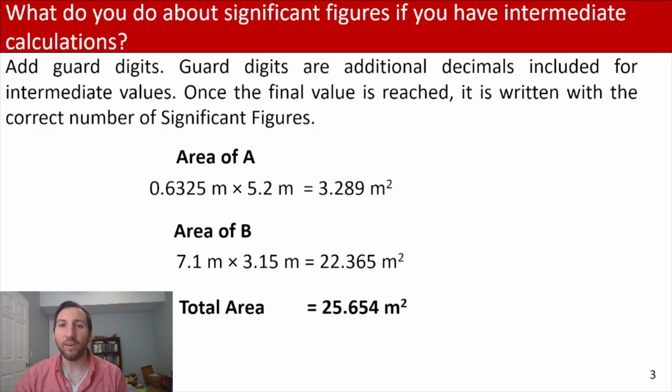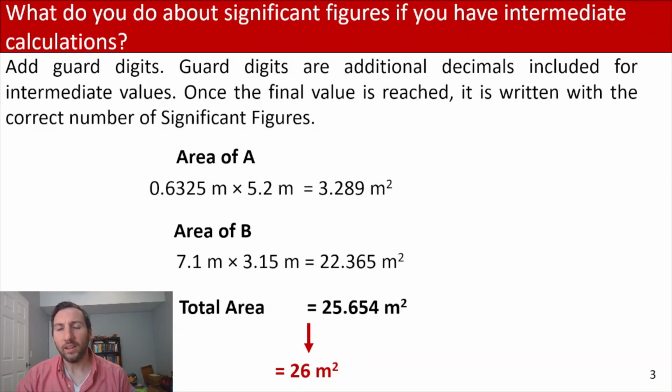Now, following the proper significant figure convention, based on all of those measurements, the lowest number of significant figures is 2, and therefore we're going to have 2 significant figures in my final answer, and that's going to be 26 square meters.